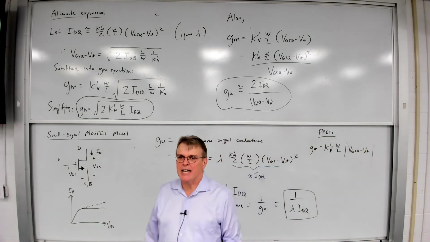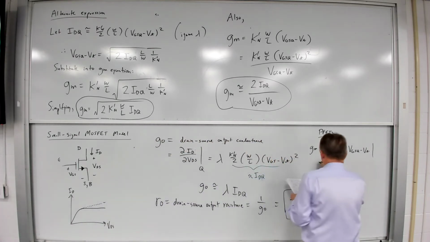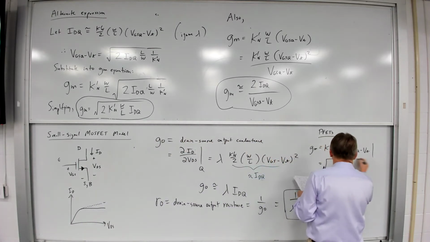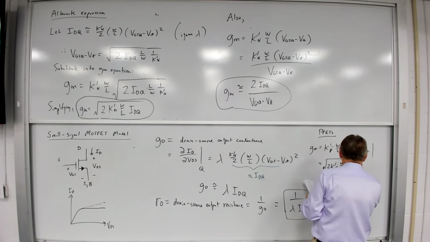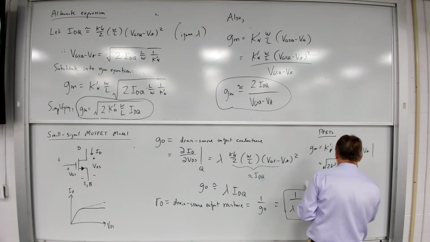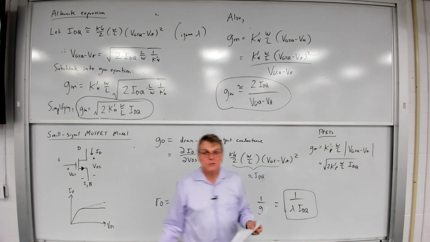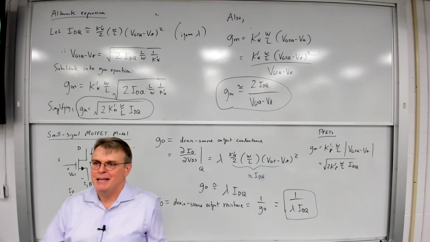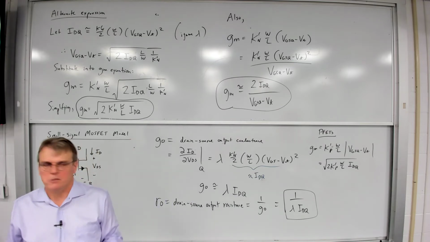We can't have a negative transconductance, so we take the absolute value. Or that's equal to the square root of 2 times K prime P times W over L times IDQ. In this case, the equation is the same because the drain current is always positive. It's just flowing in the opposite direction, going from source to drain instead of from drain to source.